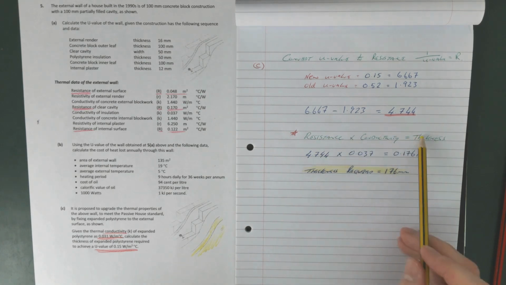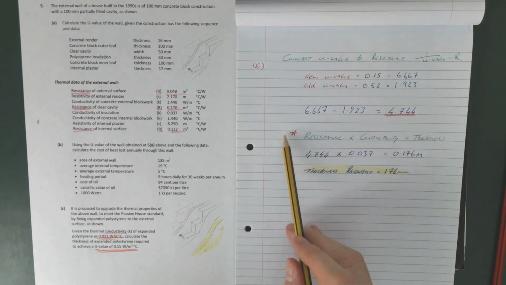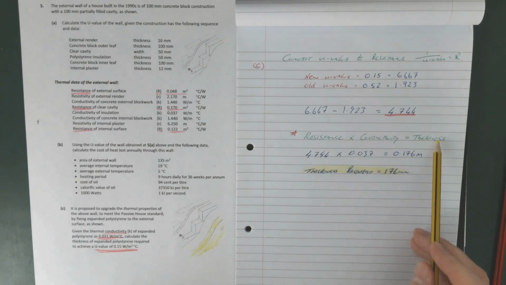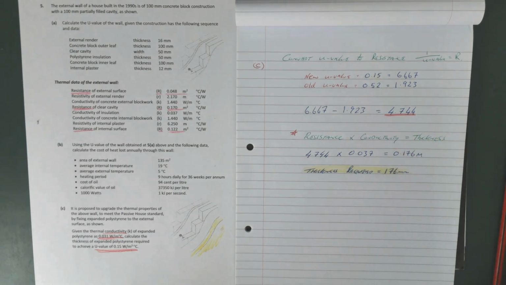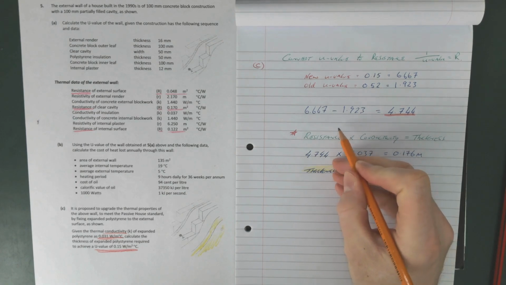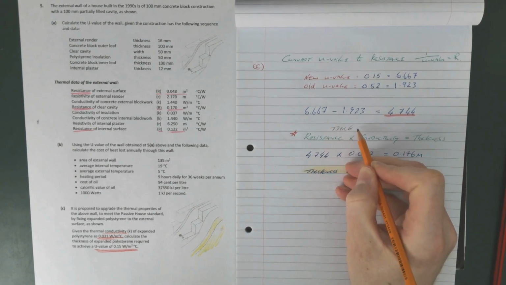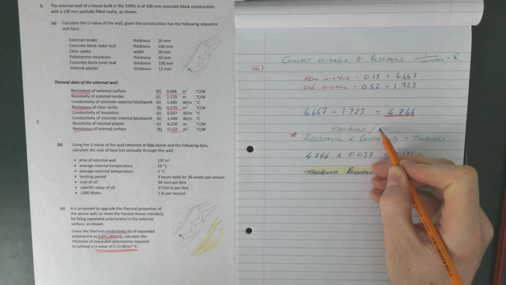I want to isolate thickness on its own. Normally I would have thickness divided by conductivity equals resistance.